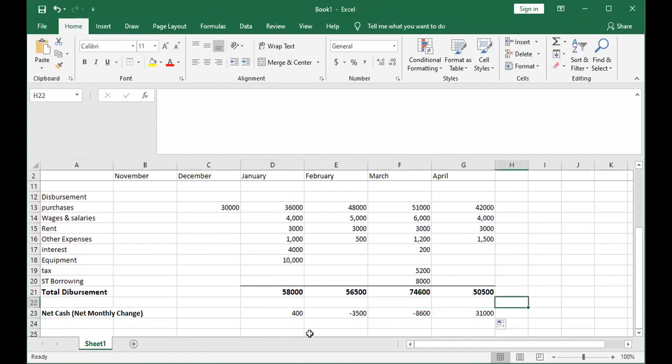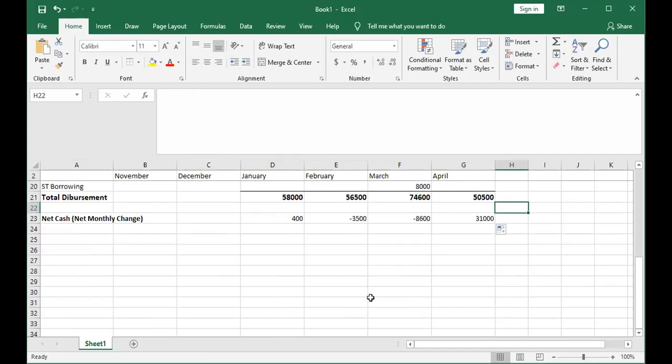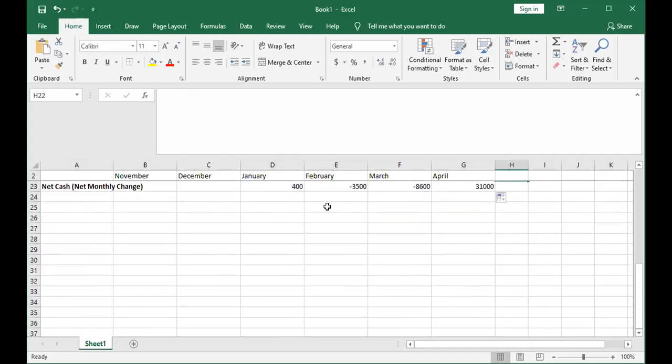Here you can see in the net cash that in January there is a positive cash flow. In February there is a negative cash flow. March is negative cash flow, but then in April it gets back to positive cash inflow. When you do cash budgeting, this is the important thing.